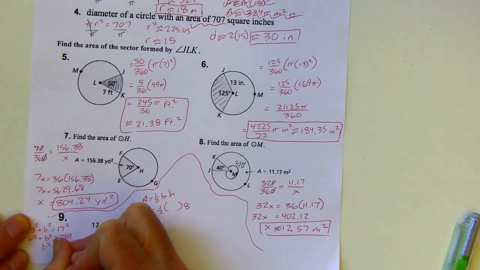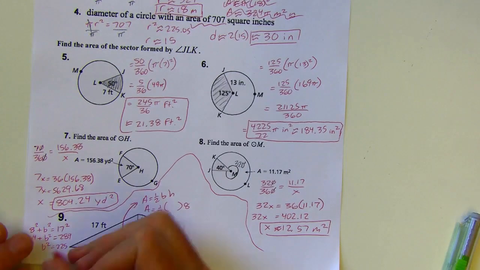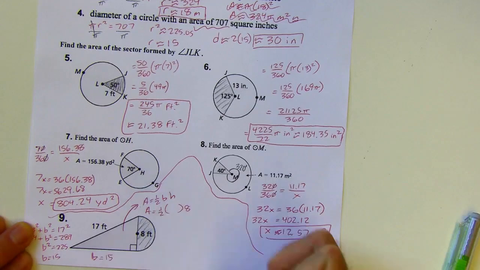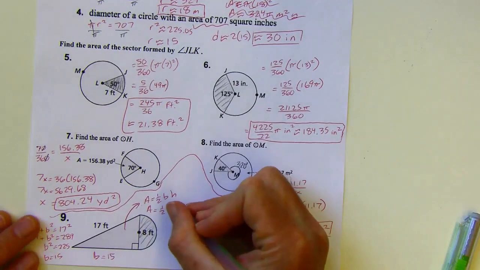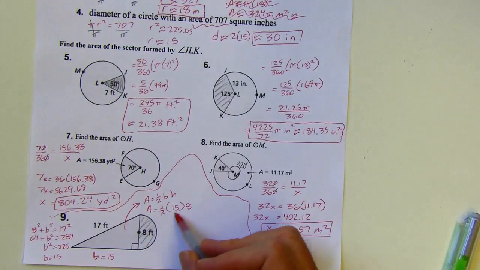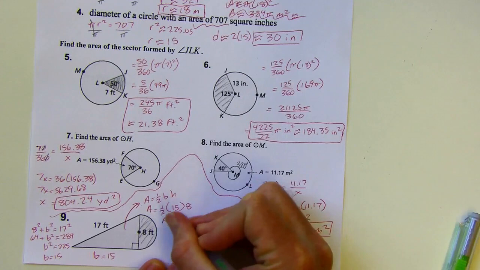Don't have much space here, so I'm writing kind of small. Square root of 225, and I've got 15. So this is a Pythagorean triple. Now I can find the area of the triangle. Half of 8 is 4, and I'm thinking 4 times 15. Well, 4 15-minute periods would be 60 minutes. So the area of the triangle is going to be 60.